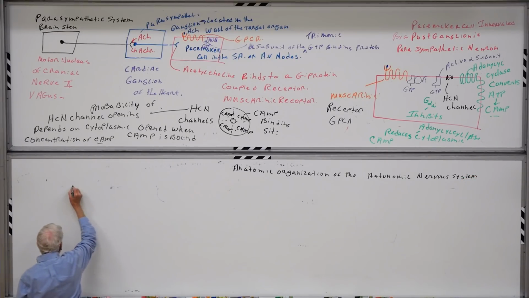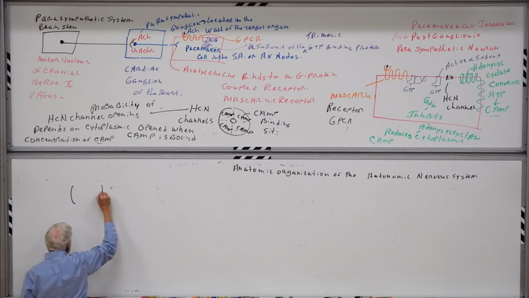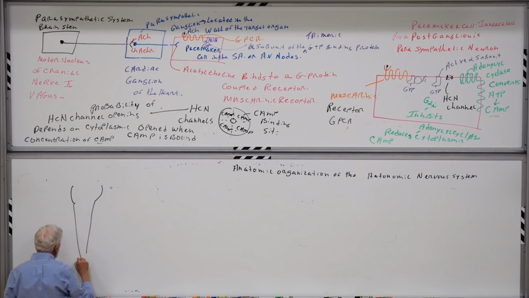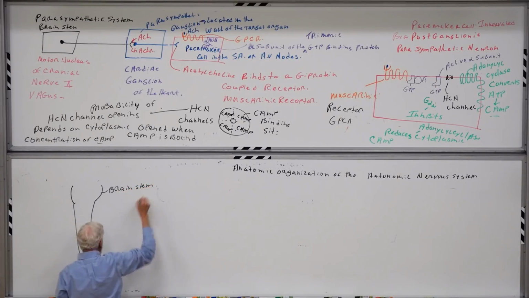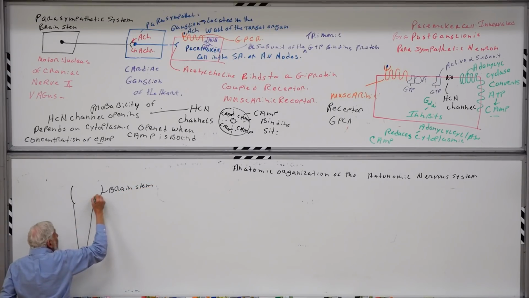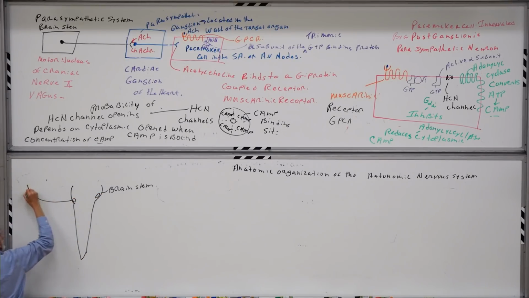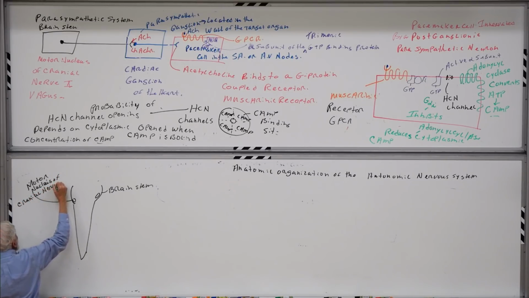Over here is our ice cream cone diagram of the central nervous system. This is the brainstem. There's a particular region of the brainstem known as the motor nucleus of cranial nerve 10, also known as the vagus.